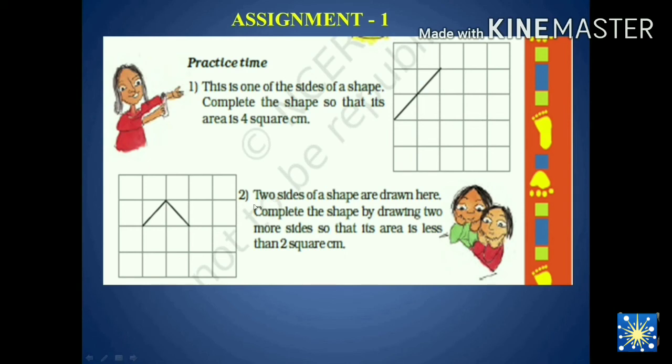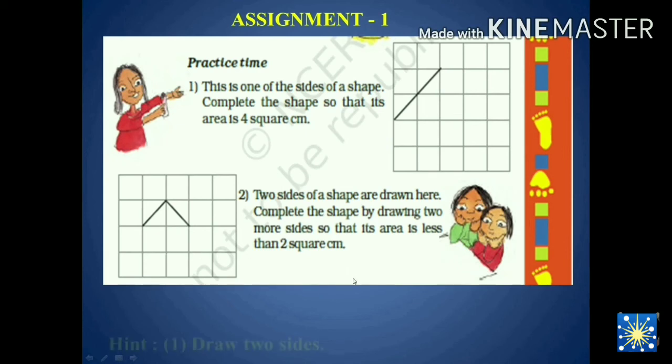Next question is, two sides of a shape are drawn here. Complete the shape by drawing two more sides so that its area is less than 2 square centimeter. So two lines are given here and you have to draw two more lines so that its area is less than 2 square centimeter.